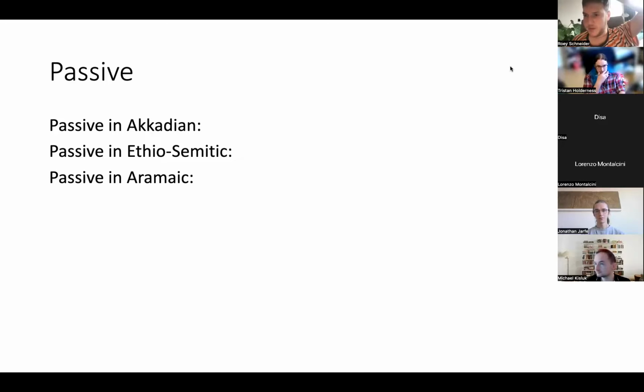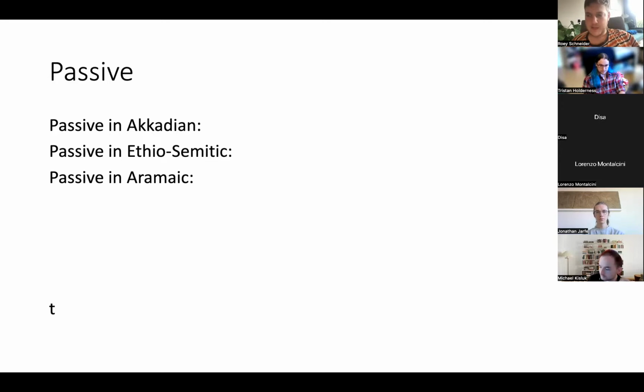So there's only one way pretty much to make a passive verb in these languages, and it is just adding a T, pretty much, at least usually.